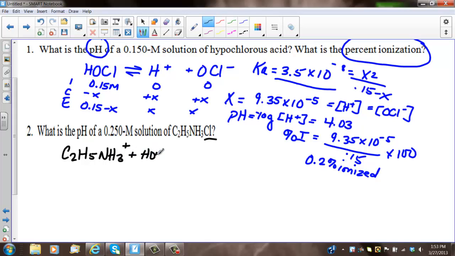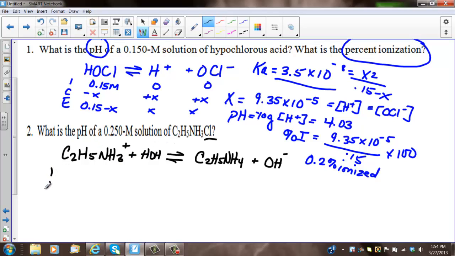I'll do it like HOH so you can see it. You don't have to write it that way. And that's going to give me C2H5NH2 and OH-. So this is definitely a base problem.